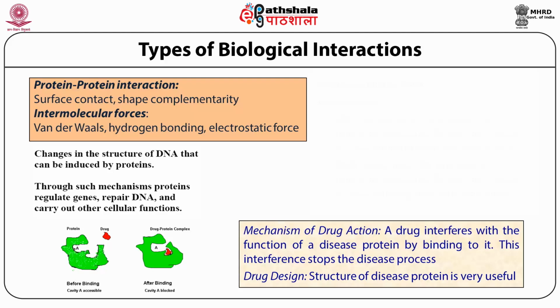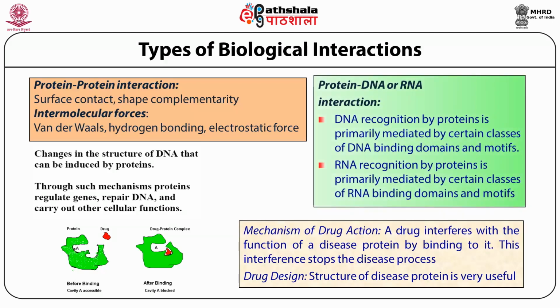The other type of interaction in biological molecules is protein DNA interaction or protein RNA interaction. DNA recognition by protein is primarily mediated by certain classes of DNA binding domains and motifs which specifically recognize particular sequences of DNA.